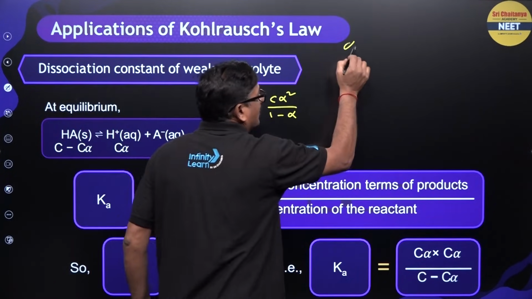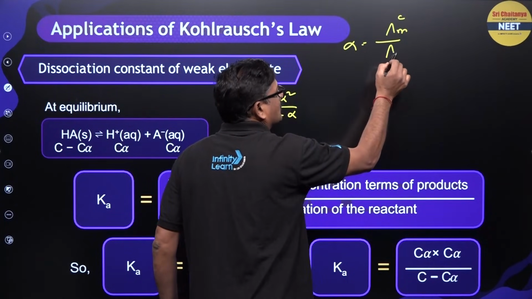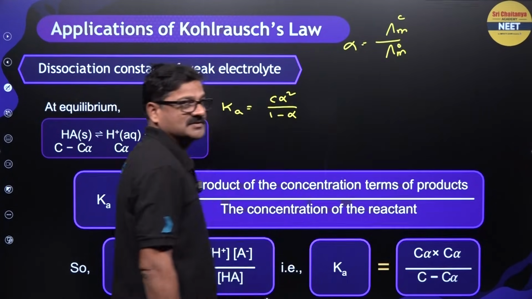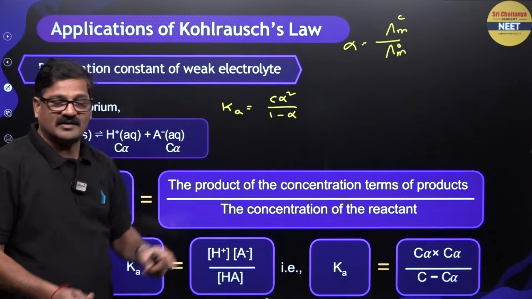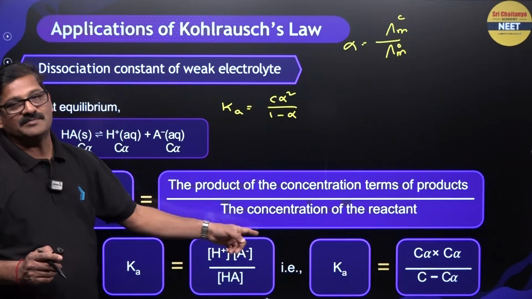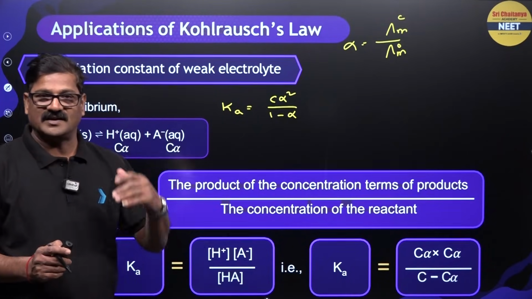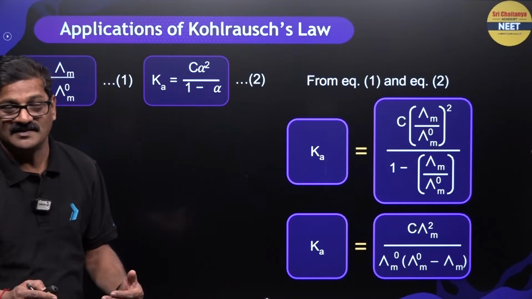As you know, alpha is equal to molar conductance at a given concentration over molar conductance at 0 concentration. Put that alpha from conductivity values and you can calculate how strong the acid is, and this is the best way. As the Ka value increases, the strength of the acid also increases, okay.